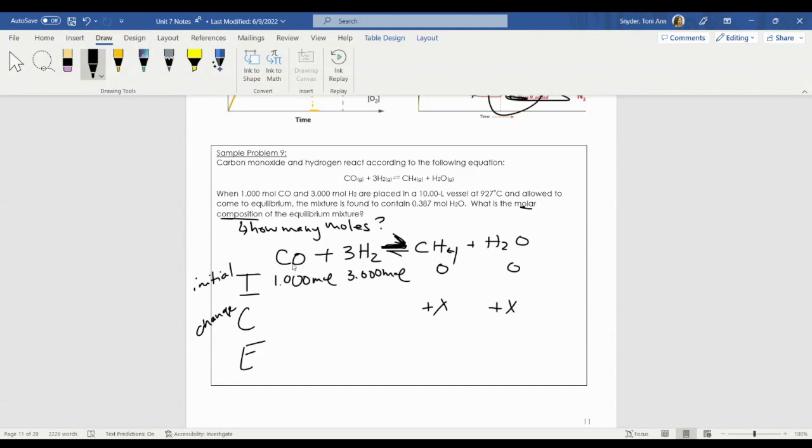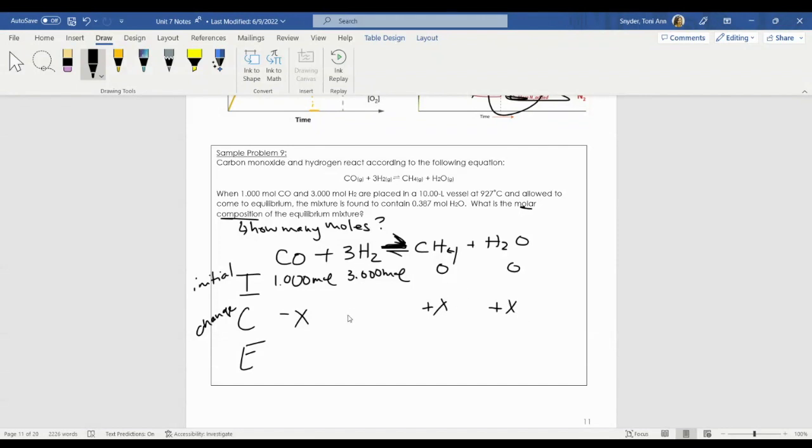So my carbon monoxide is being used up, that's minus X. This has to be minus because it's losing some of its moles because it's making products, but it's also going to be the same exact absolute value as methane and water because this is also a 1-to-1 mole ratio. Whatever amount of CO is reacting, I'm forming the exact same number of moles of each product.